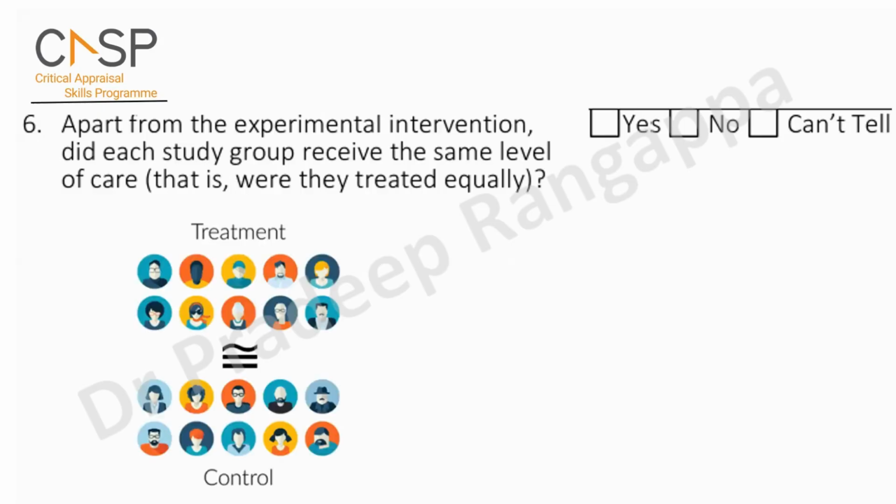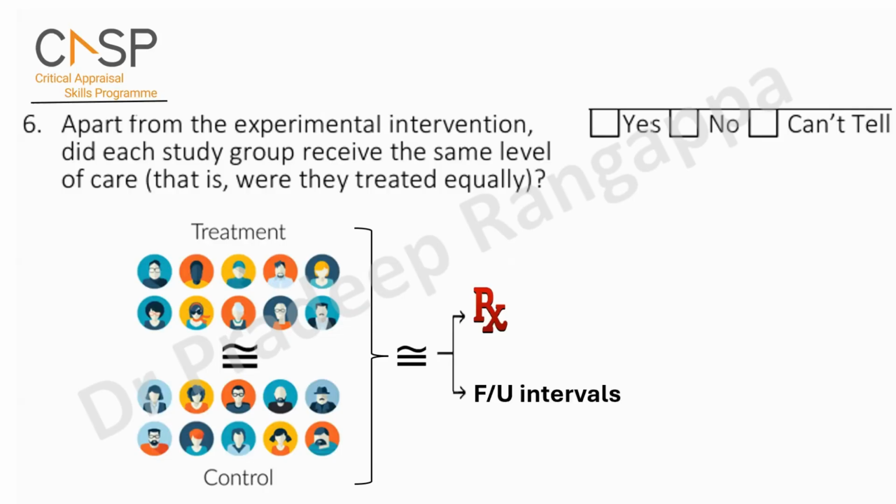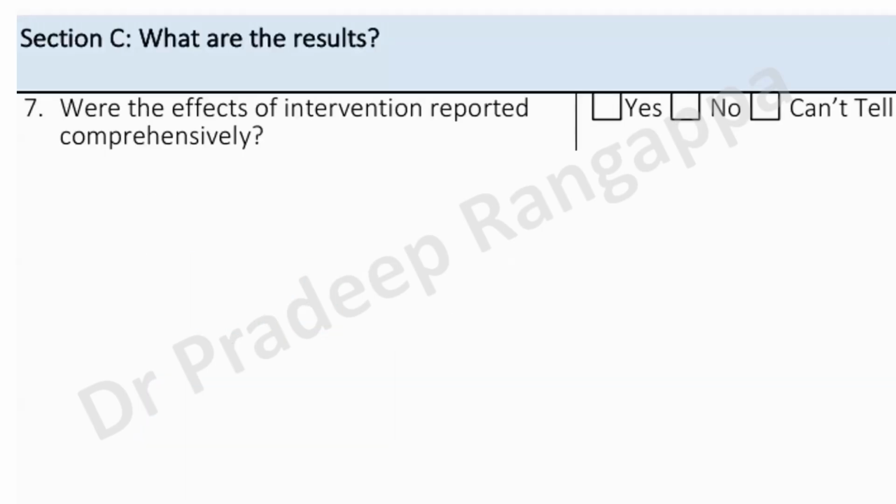That is something you need to find out, whether both groups, treatment arm and control arm, received the same care apart from the intervention. The intervention is different, but all the other things have to be the same in both groups, and the follow-up intervals also have to be similar. Even the placebo group has to be followed for 180 days or 1 year, whatever has been determined has to be adopted in both population groups. That is what is emphasized.